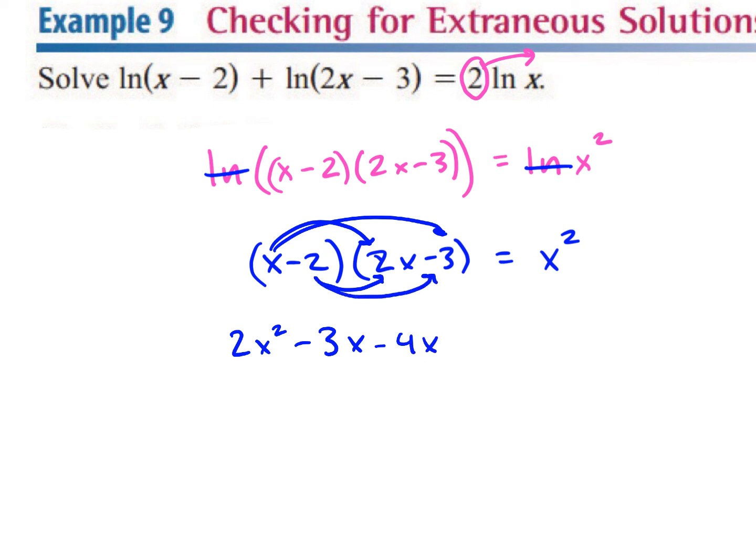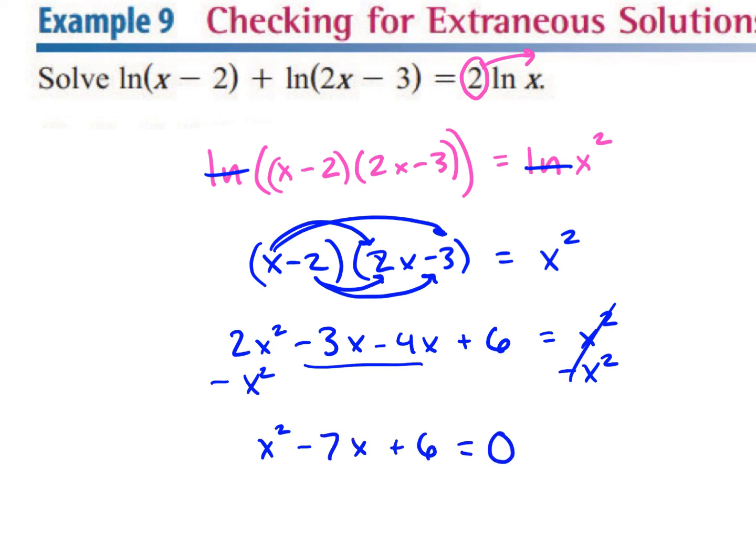Negative 2 times negative 3 is 6. What should I do next? Subtract x squared on both sides. So this would be x squared minus 3x. Well, combine my like terms here. So this would be minus 7x plus 6 is equal to 0.